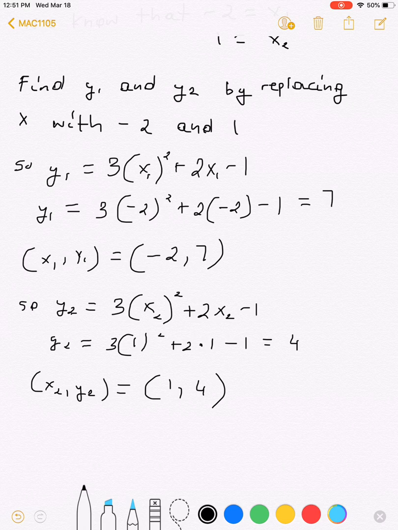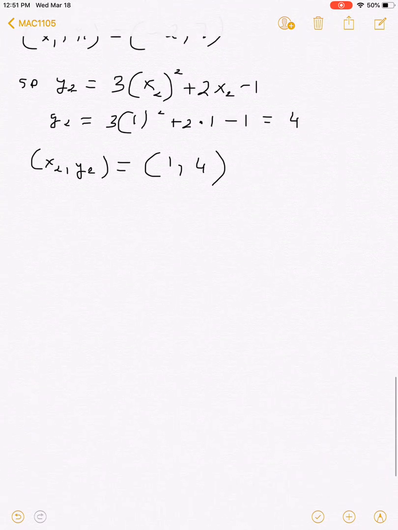So having x1, y1, x2, y2, we can just find the average rate of change. So that will be our step 2.